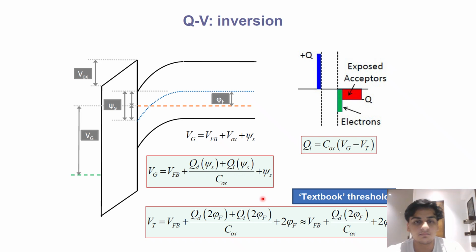Cool. Of course, we've seen the formula for depletion before. We know that it's a function of psi s. We don't know how to write this inversion charge, but that is also a function of psi s. But now for the threshold voltage, we know that psi s is twice phi f, so we can just substitute that in.